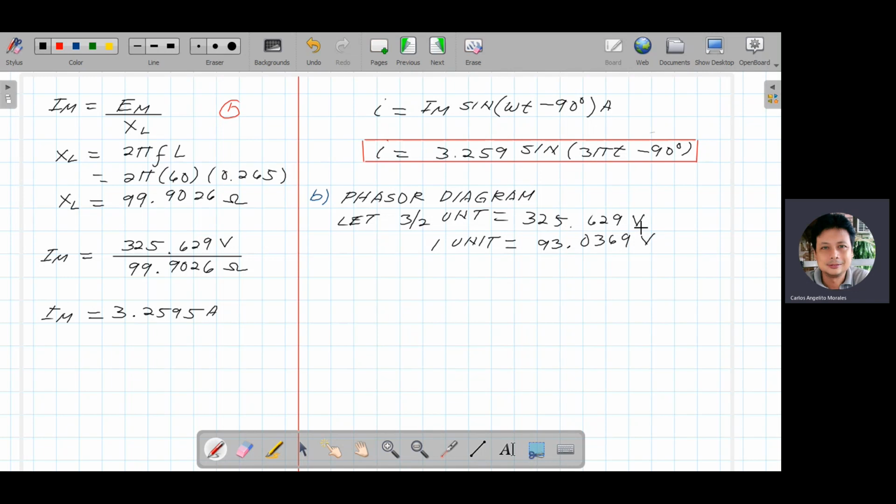Tapos yung isa naman, yung 2.5 unit is equal to 3.25 amperes.